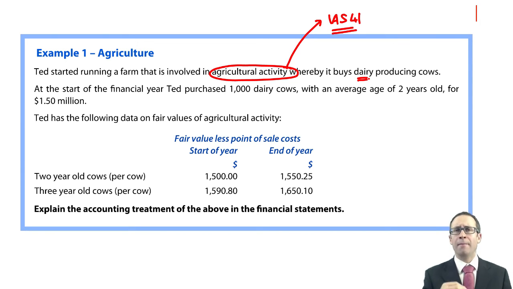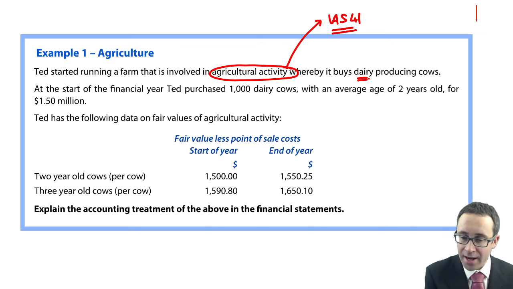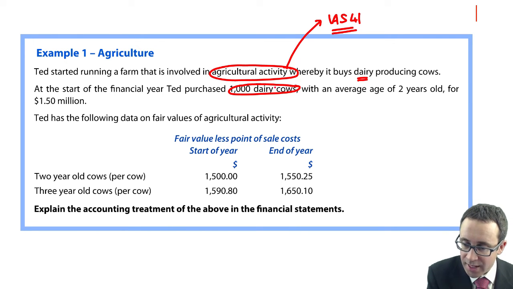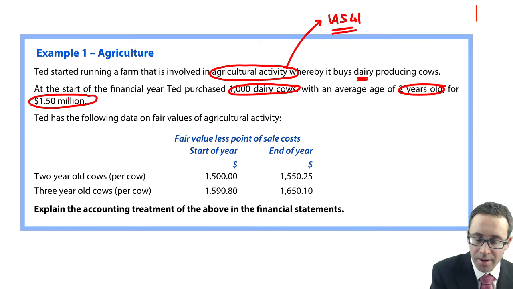That milk will be measured at fair value at the point of harvest, and it will then be taken into inventory, whereby the cost of that inventory will be that fair value less the point of sales cost, isn't it? Okay. At the start of the financial year, Ted purchased 1,000 dairy cows with an average age of 2 years for $1.5 million.